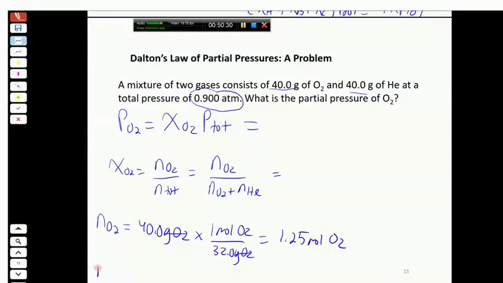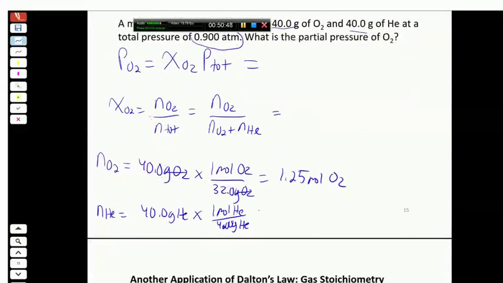And then for helium, if we go to the periodic table, we also have, in this case, 40 grams of helium. And the atomic mass of helium is 4. So there's going to be 1 mole of helium per 4 grams of helium. And that's going to give us then 10 moles of helium.